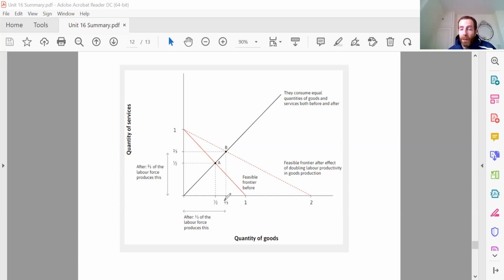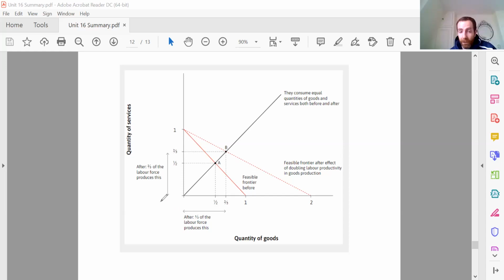The number of people required to produce 2/3 quantity of goods, we don't need half the people anymore, because the productivity has doubled. In fact, we only need 1/3 of the labor force to produce this quantity of goods.